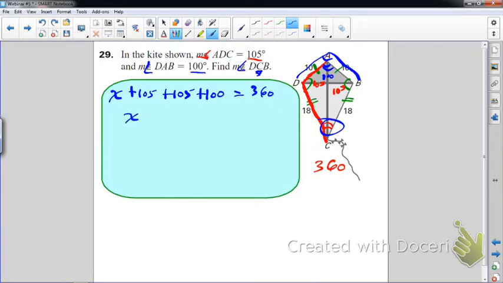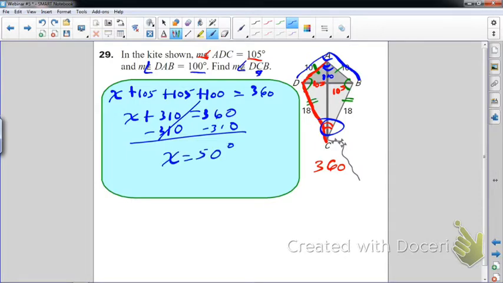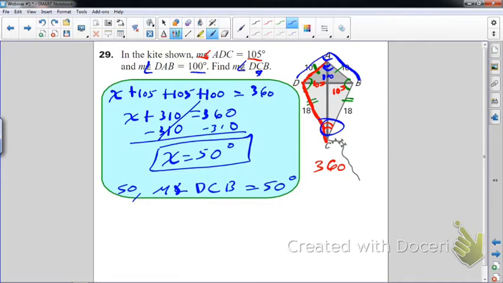So we add this, so we have X plus 310, that is equal to 360 degrees. Use the subtraction property of equality to be able to subtract the 310 and figure out exactly what X is. What is X? That simplifies, and we end up with X is equal to 50 degrees. So the measurement of angle DCB is equal to 50 degrees. That's it.